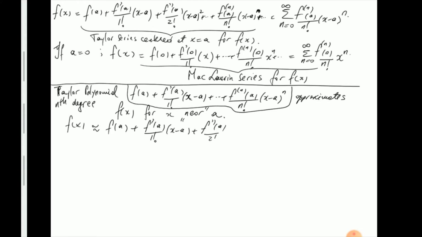And this approximation will be good if x is as close as possible to a. The farther you are from the center, the bigger the error tends to be. You're guaranteed to have a good approximation if you use it for values as close to the center as possible.